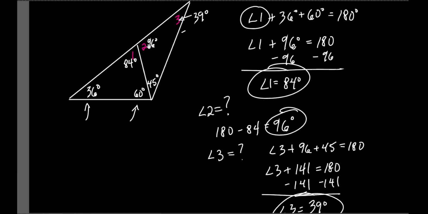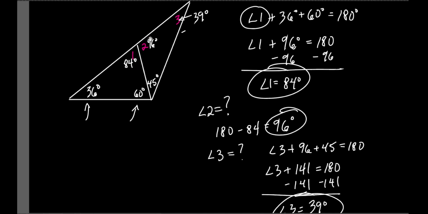Which ones are the remote interior angles? The 36 and the 60, because they're the ones that are further away. You see it? The 84 is right next to it. So what does our theorem say? Our theorem says that the exterior angle is equal to the sum of the remote interior angles. So all I had to do was just go 36 plus 60. Boom, I got 96.